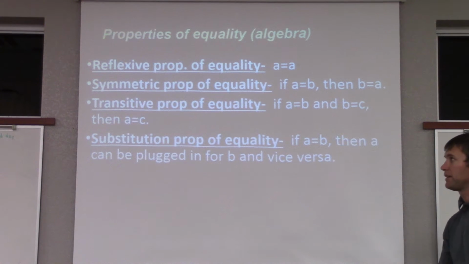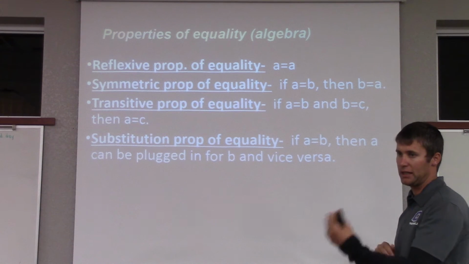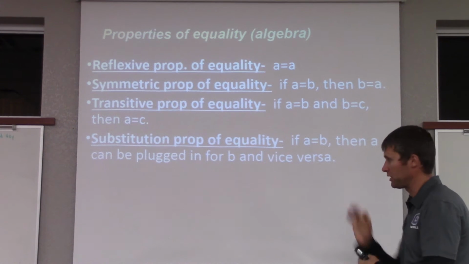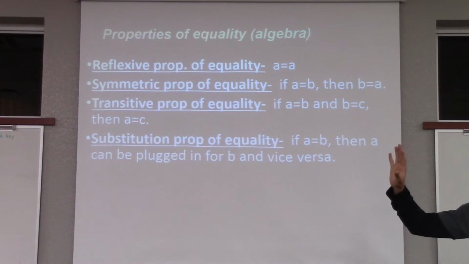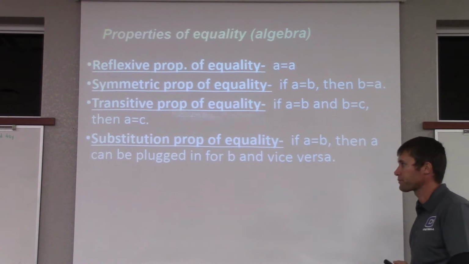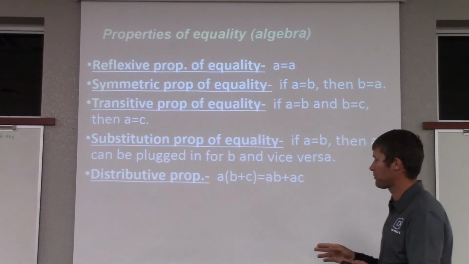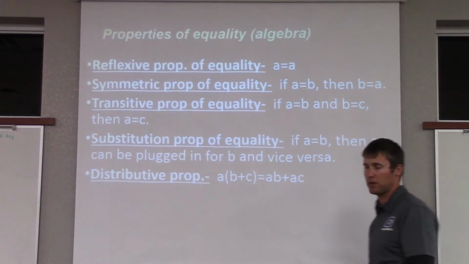Symmetric property is 2: if A equals B, then B equals A. We can switch the order. Transitive property states if A equals B and B equals C, then A equals C. Substitution property, remember, if A equals 5, then we can plug 5 into the equation. And then distributive property: whatever is on the outside, we multiply to the inside.